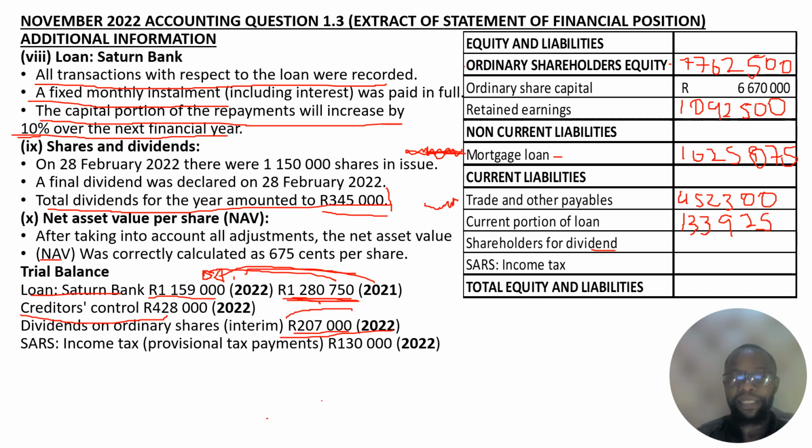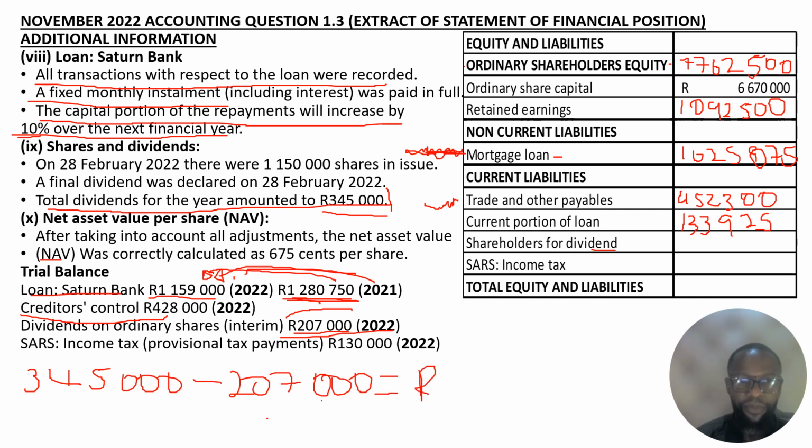So the remaining balance is the amount owed. 345,000 less 207,000 is equal to 138,000.